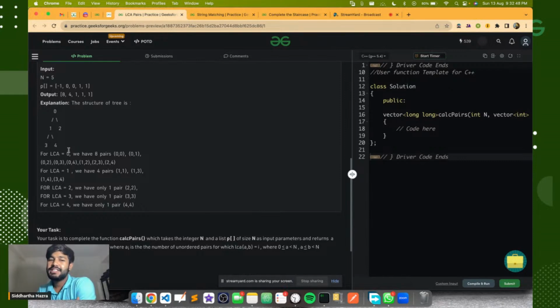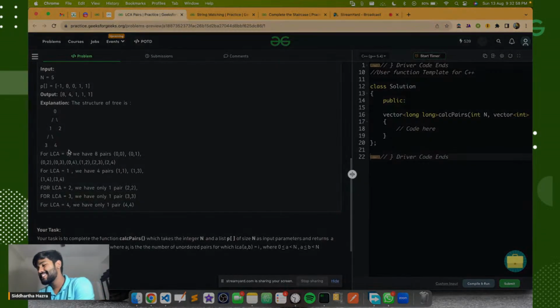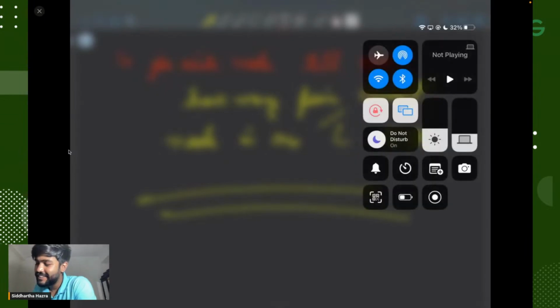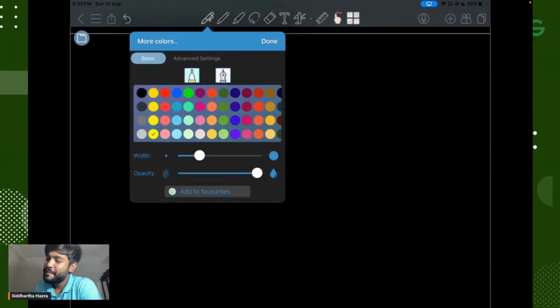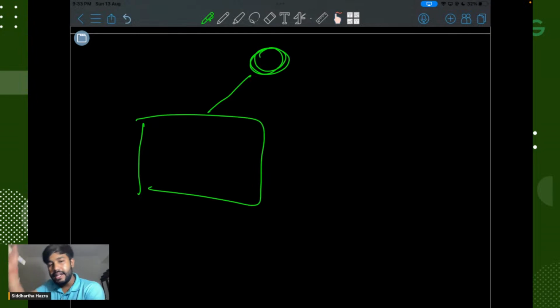The understanding of the test case is not that greatly tied to the solution, but a very simple case is there. See carefully, the understanding of LCA is enough for this. Let's say we have a particular node at this point, and a particular subtree is present.